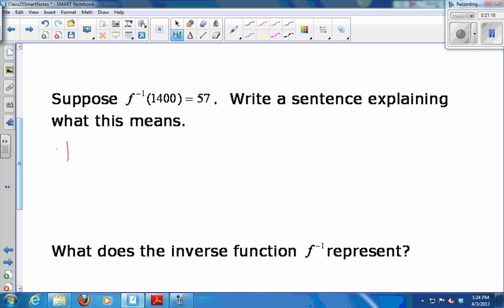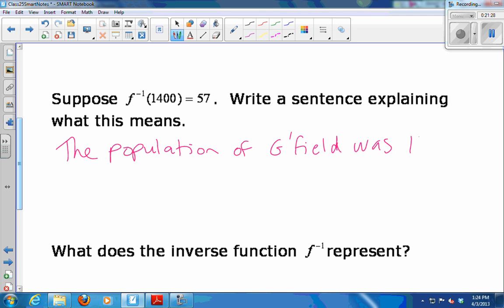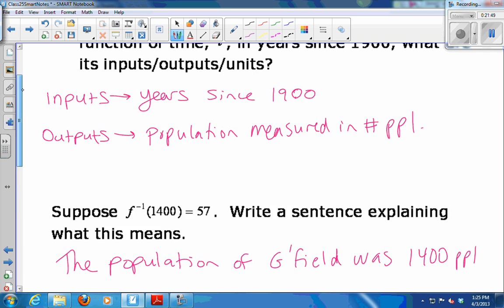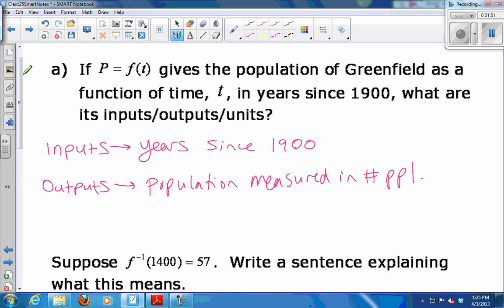So this says the population of Greenfield was 1,400 people in 1957. I don't know, probably. So I'm making a big assumption by using F in that this F has an inverse function, right?